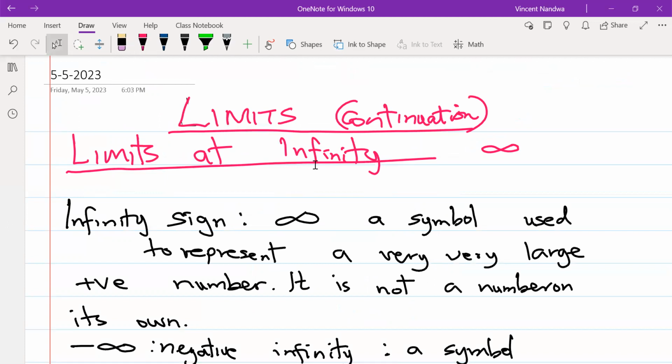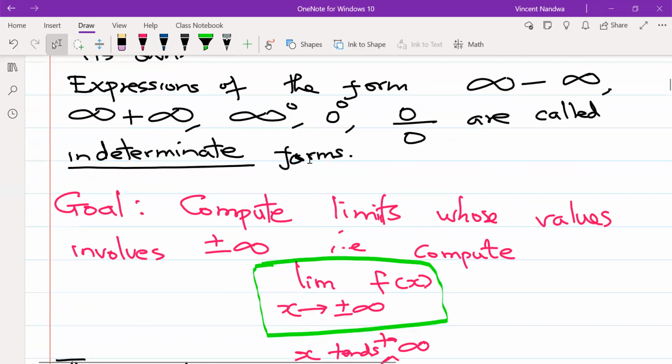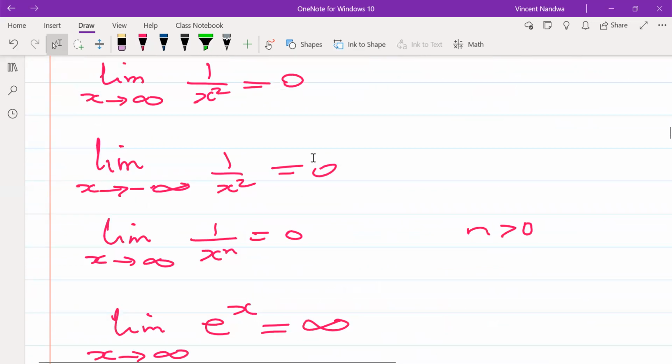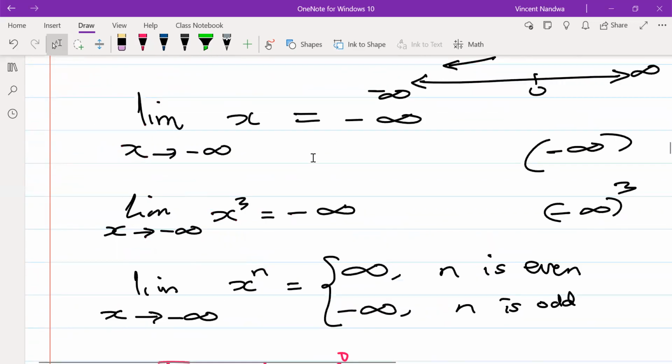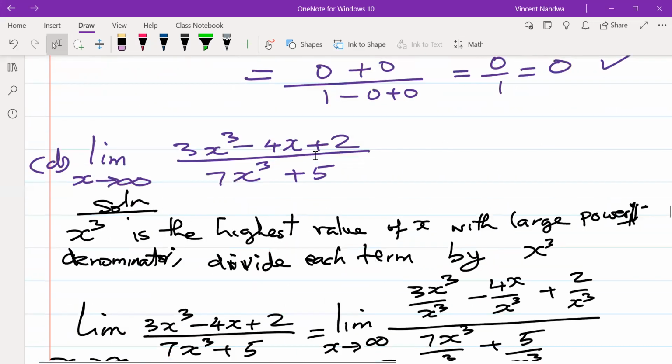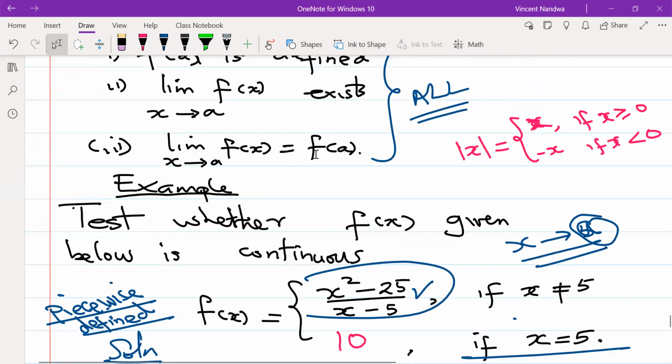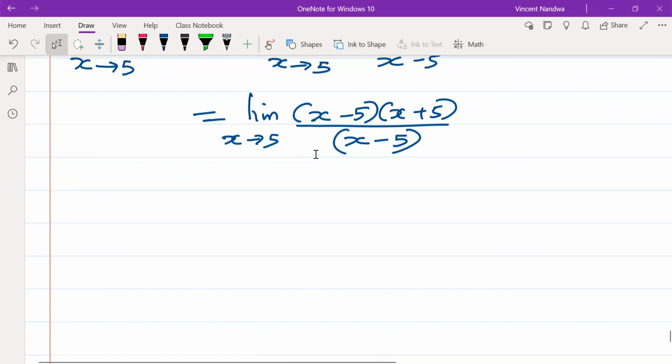But when x is not approaching either plus infinity or minus infinity, we do not do that exercise of dividing the terms in the numerator and denominator by x with the highest power in the denominator. So you should be able to know that. The only moment you think of that division is when you have seen either plus infinity or minus infinity. Otherwise, we don't do that for any other limits.